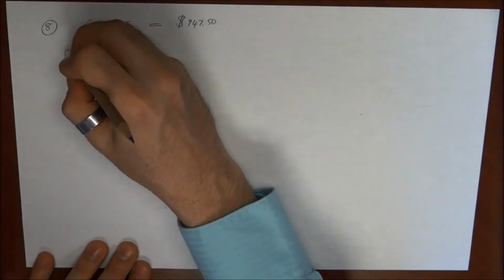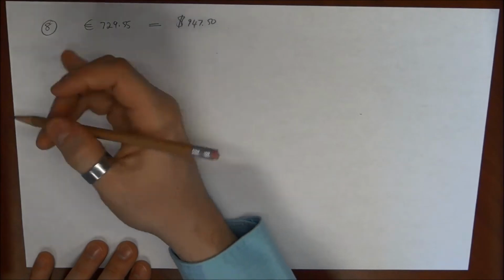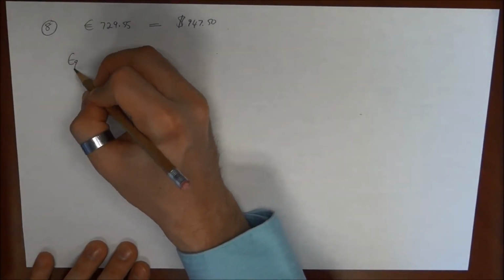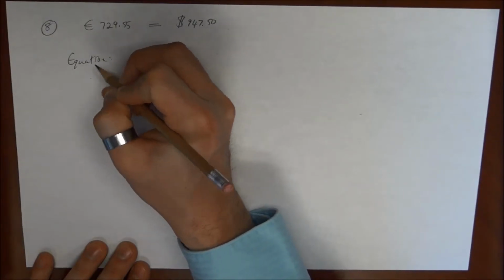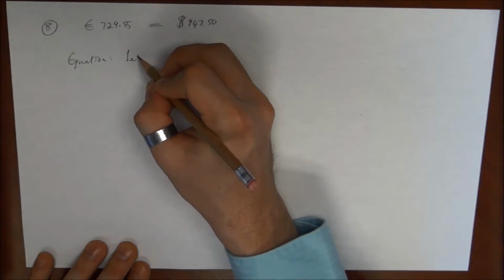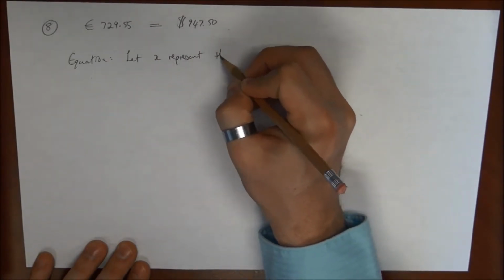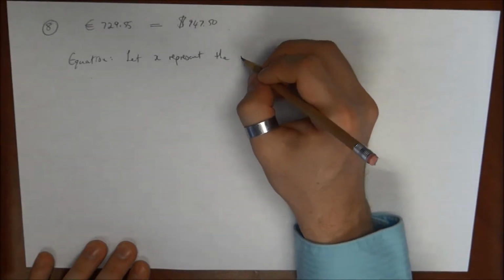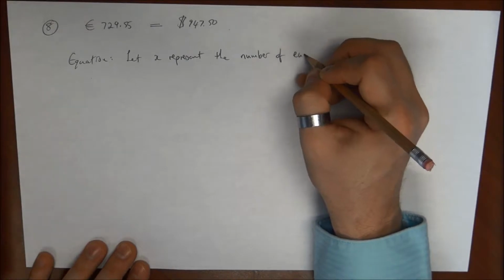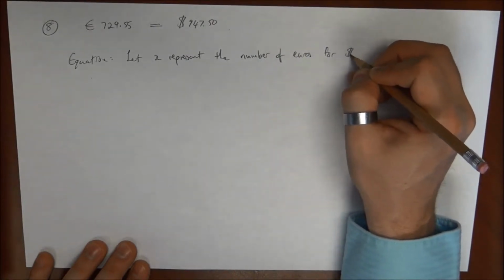well, before we write the concluding sentence, let's be nice and complete. So let's set up my ratio equation to determine this. Let x represent the number of euros for $1.